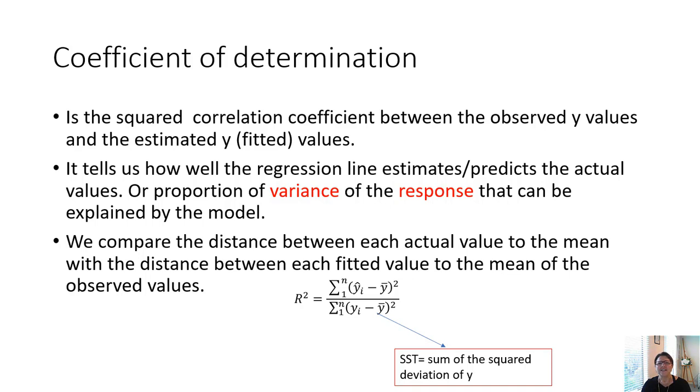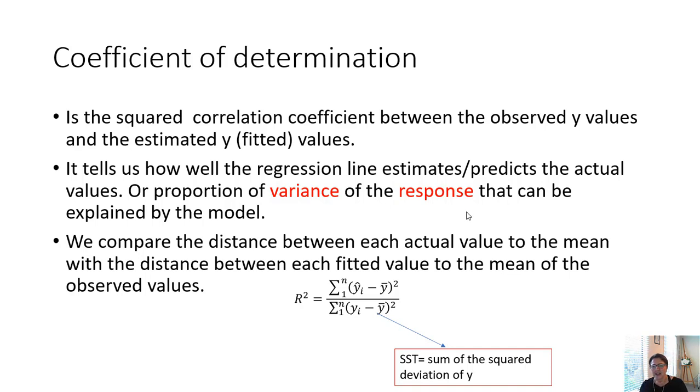Or we can say that the coefficient of determination represents the proportion of variance of the response that can be explained by the model. Now, we compare the distance between each actual value and the mean with the distance between each fitted value and the mean of the observed values.